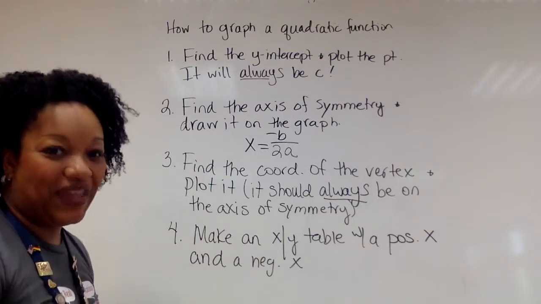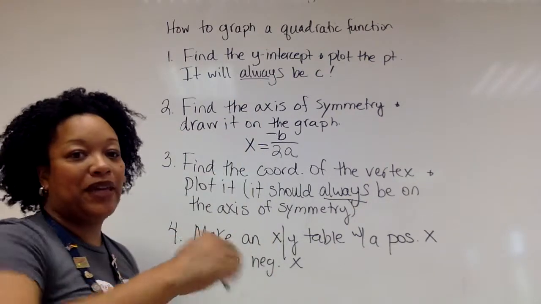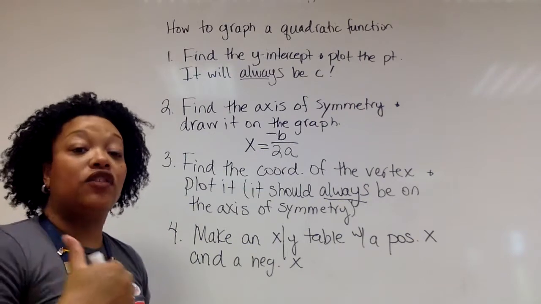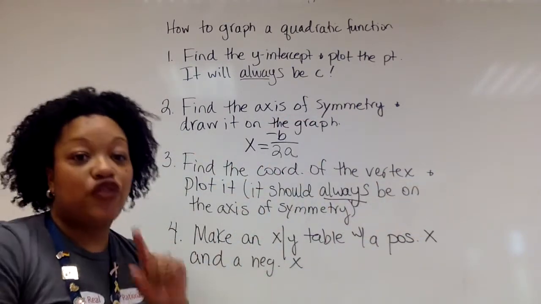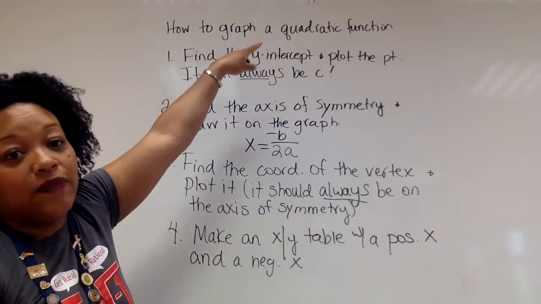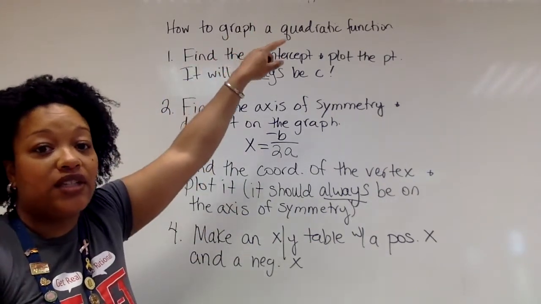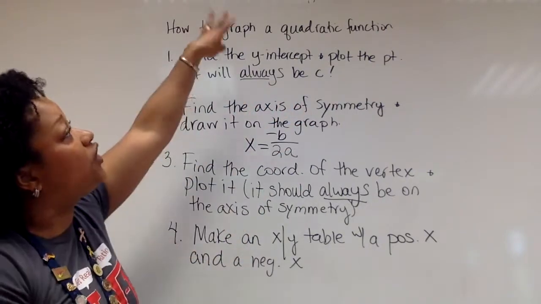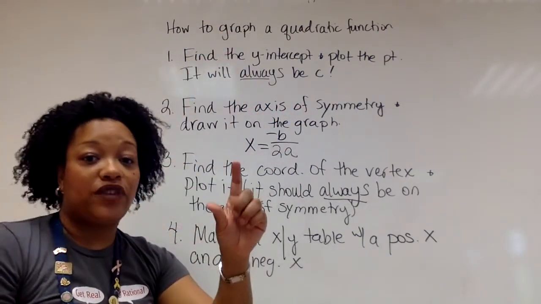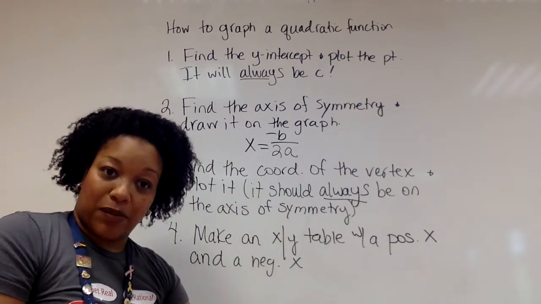No, that's gone, because when you introduce the b, it throws that out the window. So you're going to do a positive 2 and a negative 2, or a positive 3 and a negative 3. Put those numbers in your function, and maybe you'll get lucky, but I doubt it. Put those numbers in the function, get your 2 different y's, then you're going to plot those points.